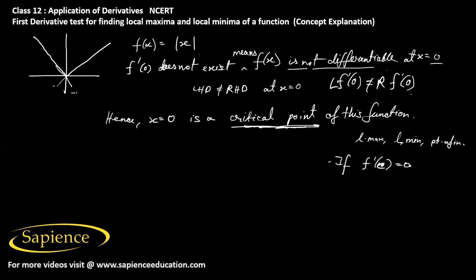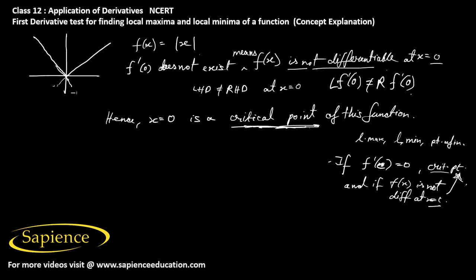If f dash c is equal to 0, then it is a critical point. And if f dash c does not exist, which means the function f of x is not differentiable at x equal to c, then also x equal to c will be called a critical point.